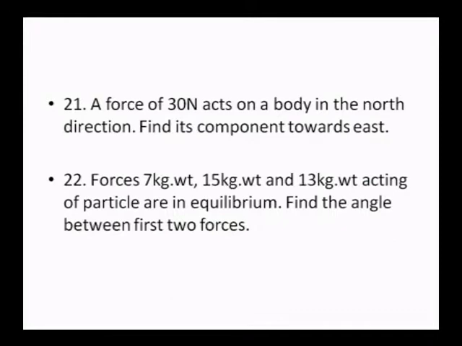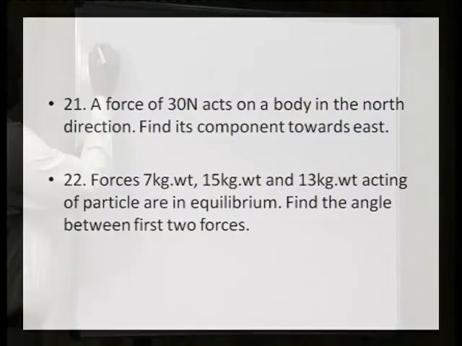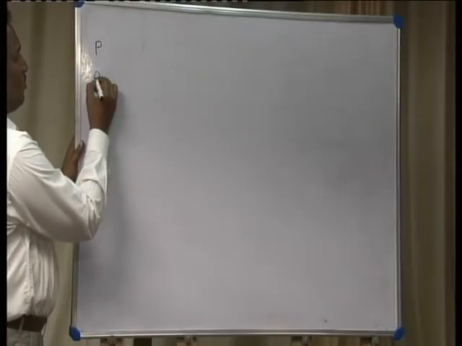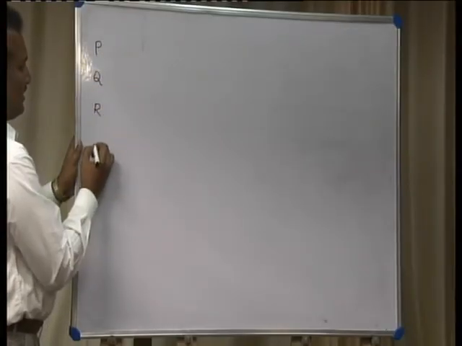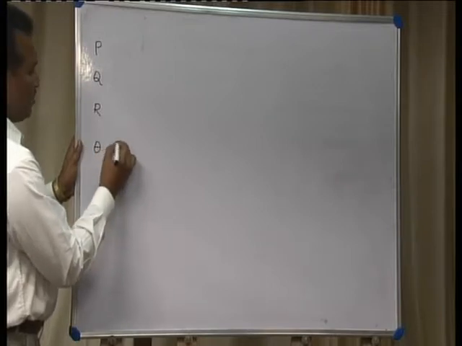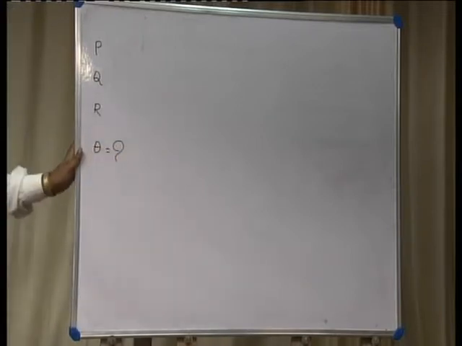All the forces are in equilibrium. Find the angle between the first two forces means what is the angle of inclination of the two forces, I mean 7 kg weight and 15 kg weight. So, the given data will be collected as P is the first force, Q is the second force and R is the third force. Angle between the first two forces is nothing but theta.